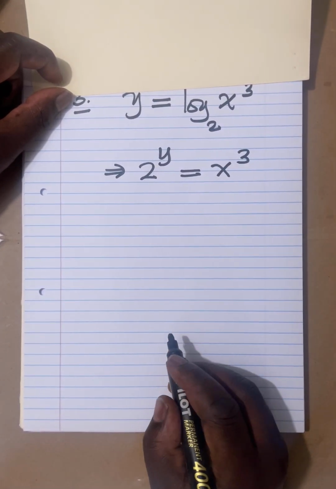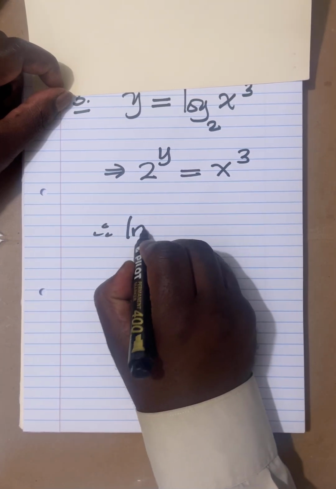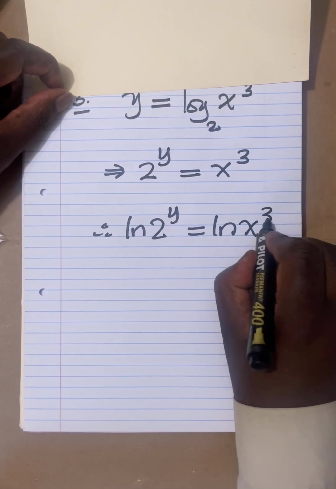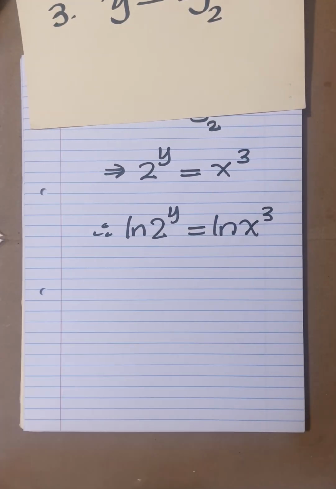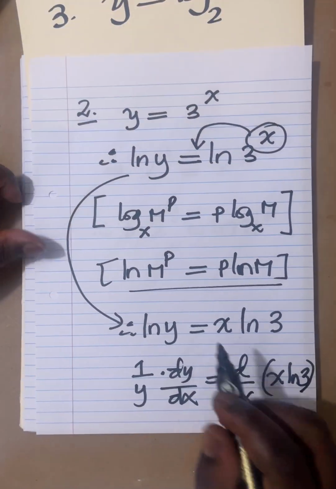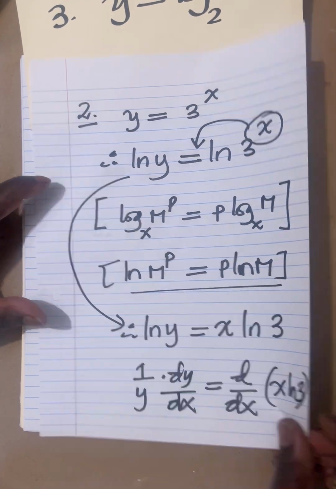At this stage, I have to introduce natural log on both sides. So I'm going to say, therefore, the natural log of 2 power y is equal to the natural log of x power 3. Applying this rule here, natural log of m power p equals p times natural log of m.